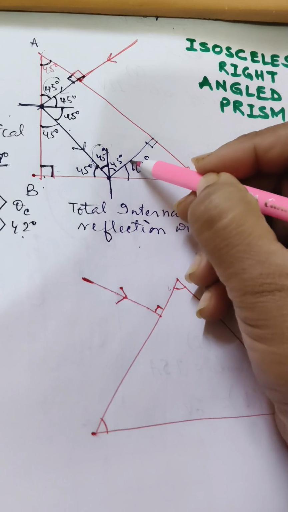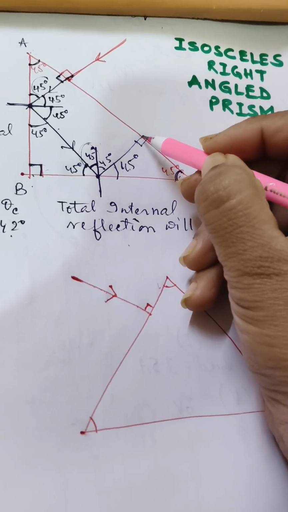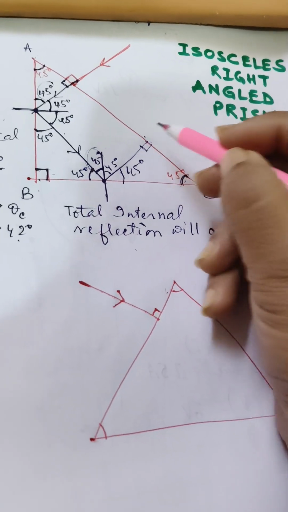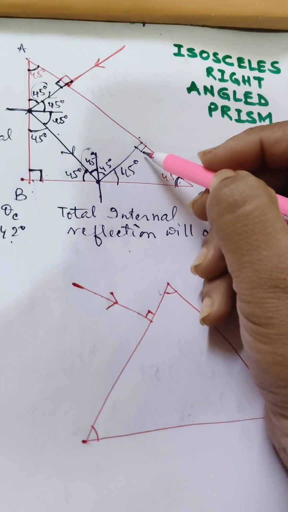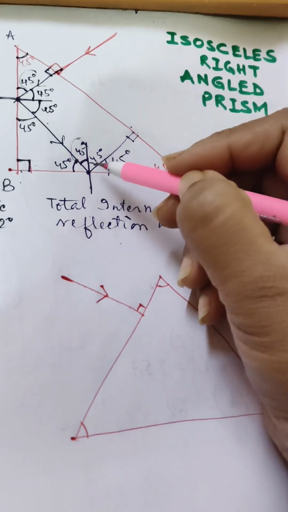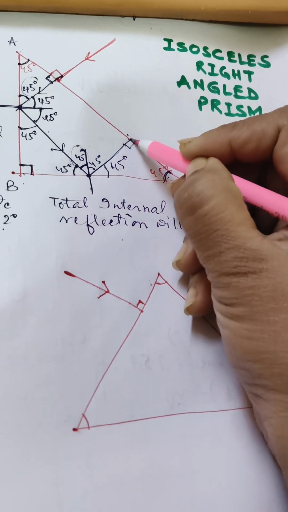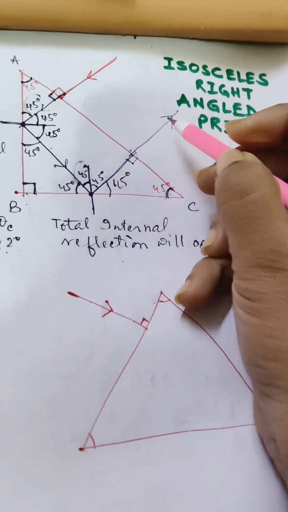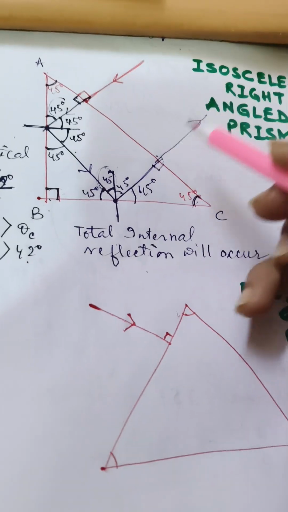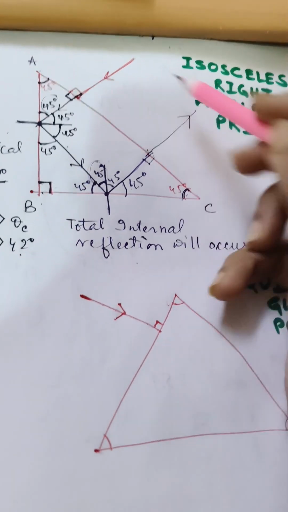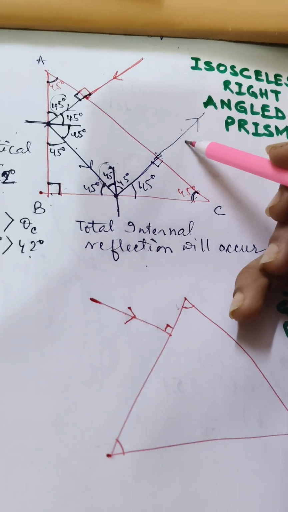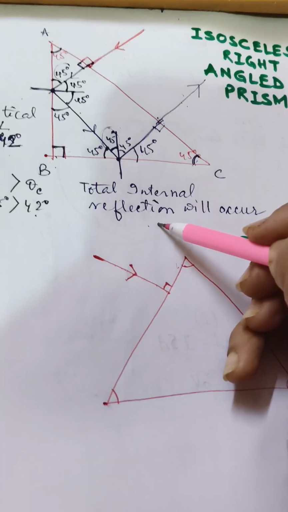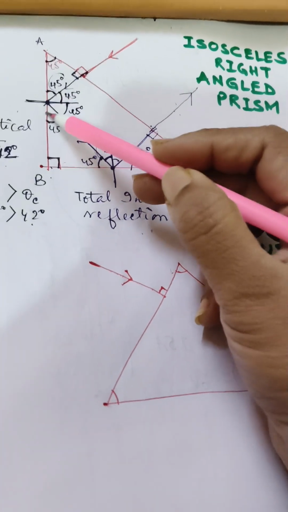So the final angle of incidence is 90 degree on this surface. So now you call it emergence. When this ray of light reaches this point, it will pass out undeviated. So what we get is that the incident ray and the final emergent ray become parallel to each other, and it all happens due to total internal reflection that occurs at these two surfaces.